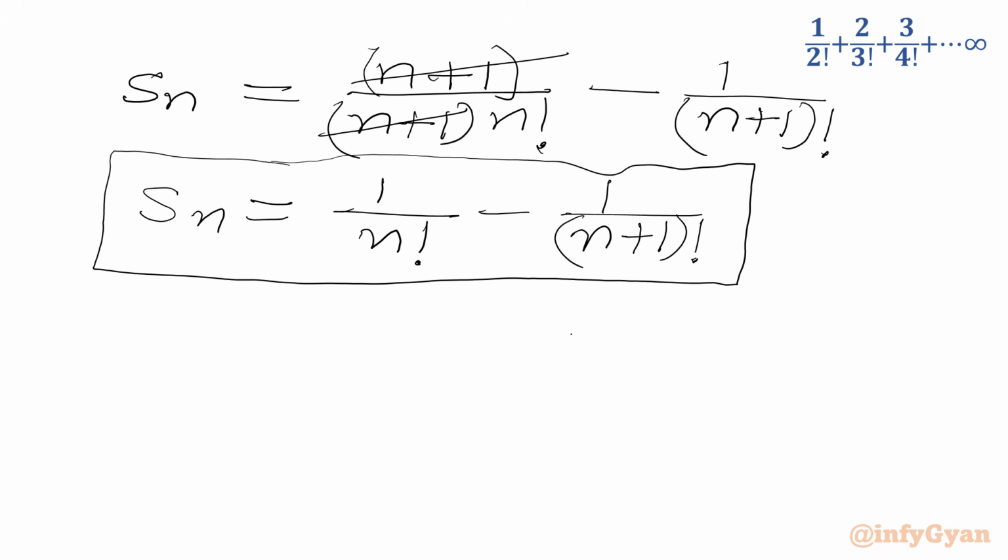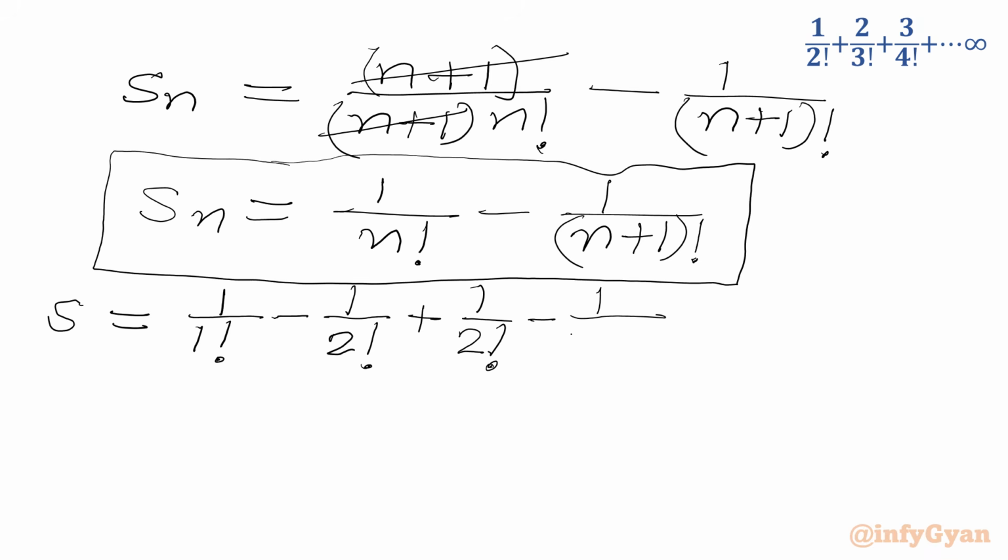So let's put n equal to 1. We will get 1 over 1 factorial minus 1 over (1 plus 1) factorial, 2 factorial. By putting n equal to 2, we will get 1 over 2 factorial minus 1 over (2 plus 1), 3 factorial.